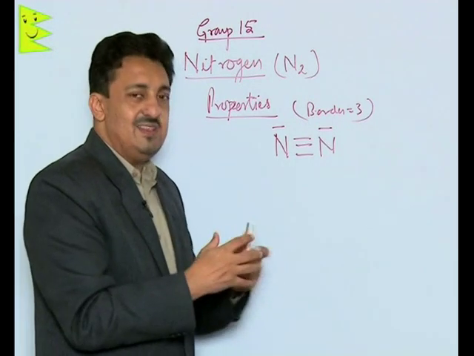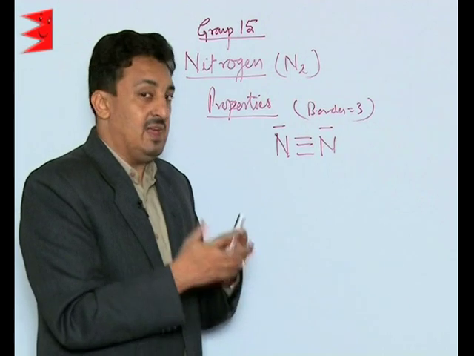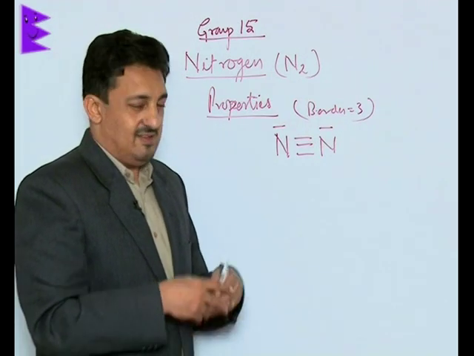So it is a very stable inert gas. That is why whenever we require an inert atmosphere, we normally use nitrogen. It doesn't react easily.